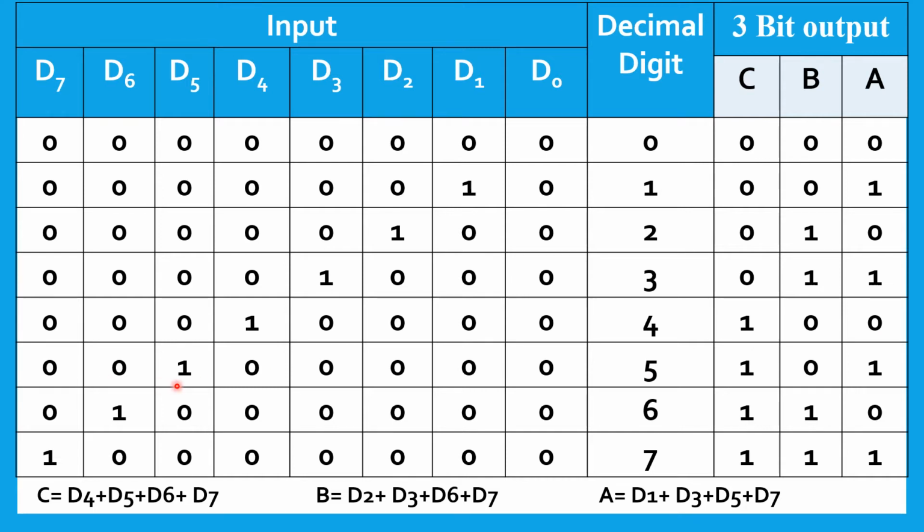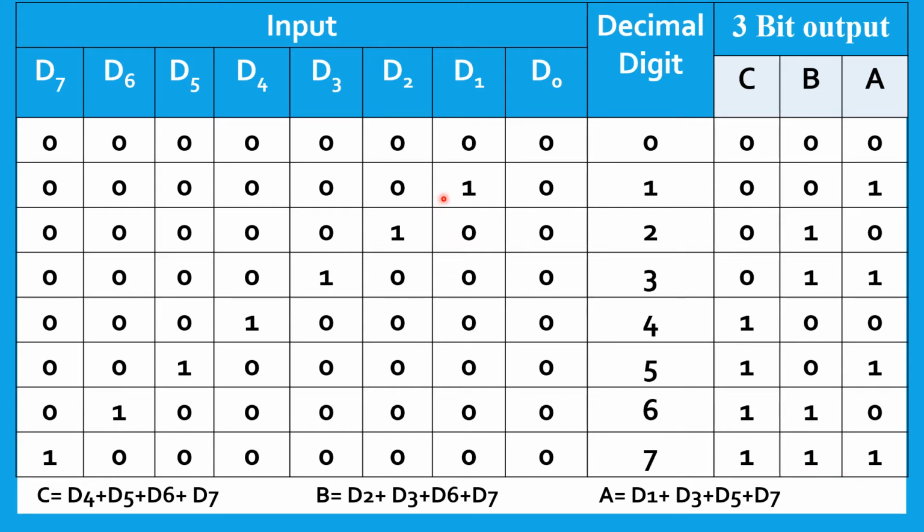When D5 is 1, the decimal digit is 5 and the output is 1, 0, 1. When D6 is 1, the decimal digit is 6 and the binary output is 1, 1, 0. And when D7 is 1 and all the other inputs are zeros, the decimal digit is 7 and the 3-bit binary output is 1, 1, 1.